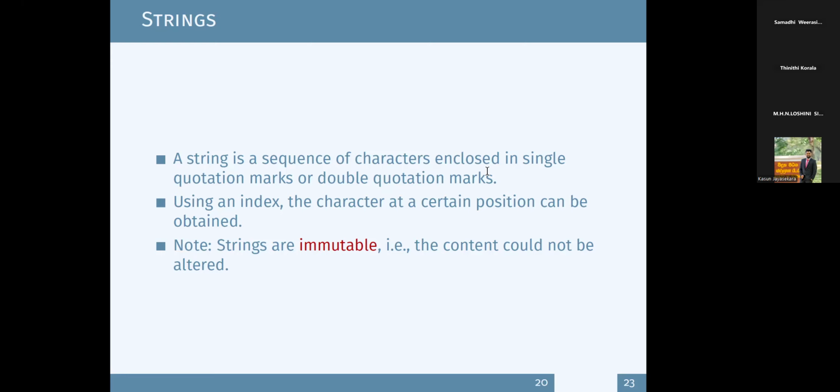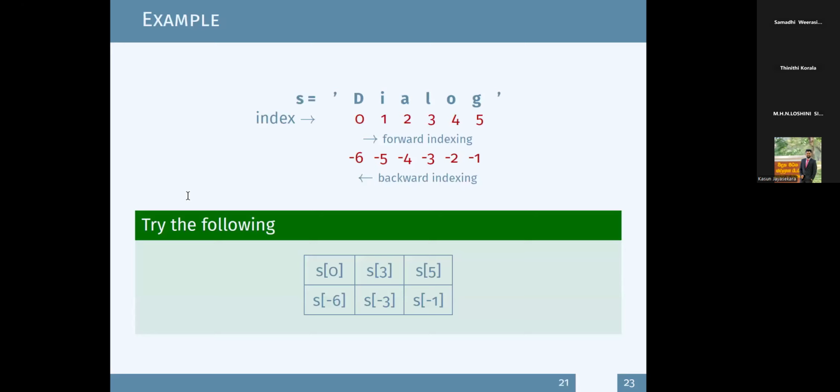But the difference is strings are immutable, meaning you cannot change what is inside. Having said that, I'm going to use this to introduce you to backward indexing. So far we have discussed only forward indexing.